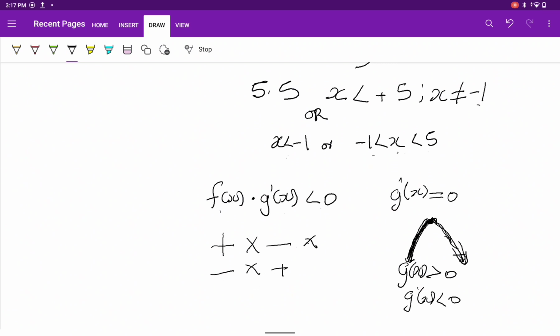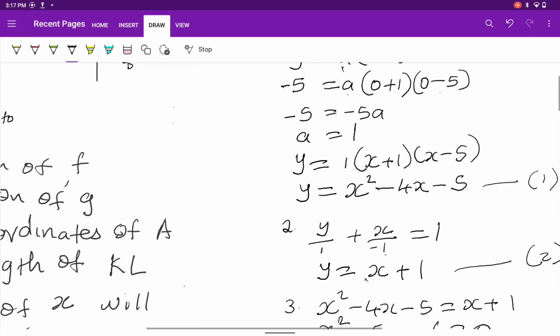Now this one is saying the f graph is drawn below the x-axis, and the g graph is increasing. Because the g is increasing everywhere, we are left with this. Now we just check where the f graph is drawn below the x-axis, and we have already seen that in number 1.